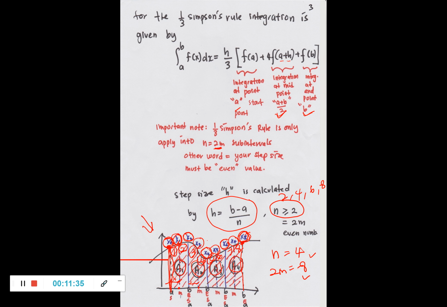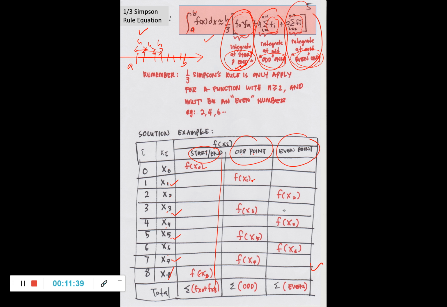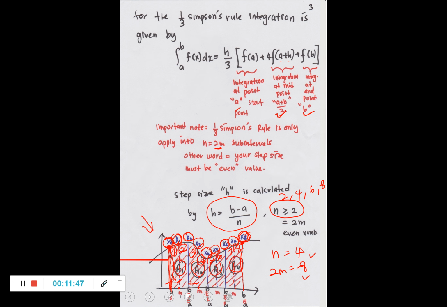Okay, X1, X3, X5, X7. Okay, itu yang saya letakkan di dalam ni. Okay, at even point saya ada X2, X4, X6. X8 dah letak dekat end point. Okay, so at even point saya ada X2, X4 and X6.